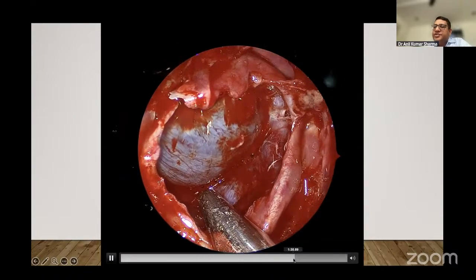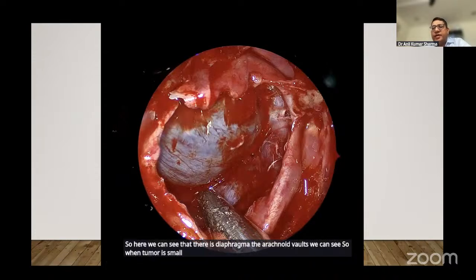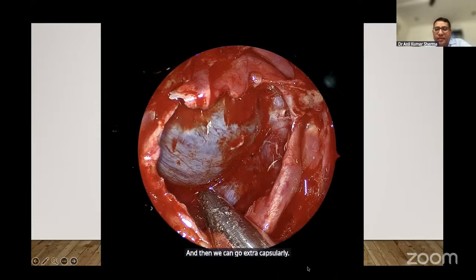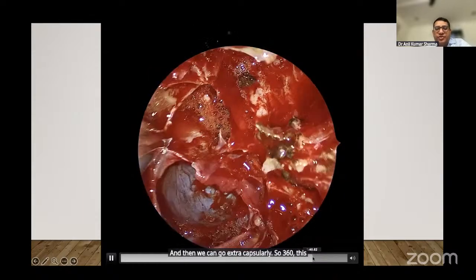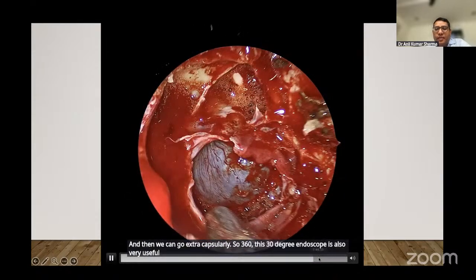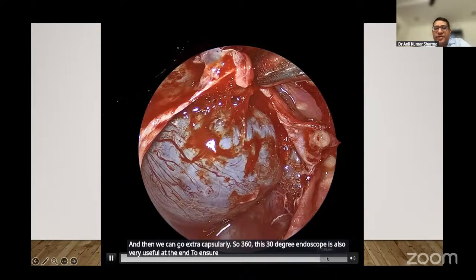When the tumor is small, extracapsular dissection can be done, but in a large tumor that may not be possible. First, we need to decompress the tumor, and then we can go extracapsularly. The 30-degree endoscope is also very useful at the end to ensure that complete resection has been done.